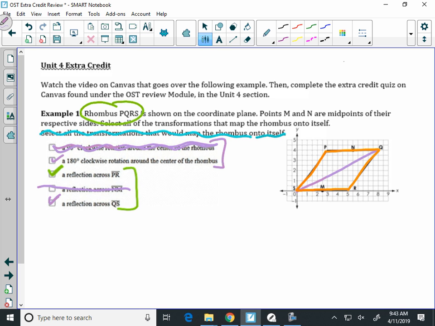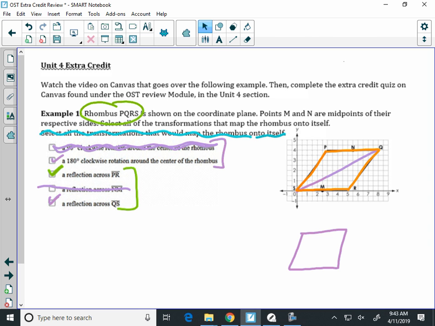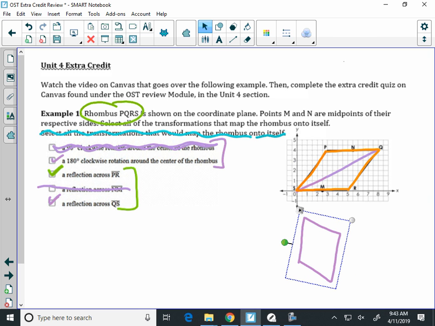Here's the thing. You can't do that on your screen. You don't have a smartboard when you're taking your test. So my suggestion would be to copy the rhombus on your scratch paper and turn your paper 90 degrees. So 90 degrees, you turn it one time. It's clearly not going to look like the original, and it didn't match.